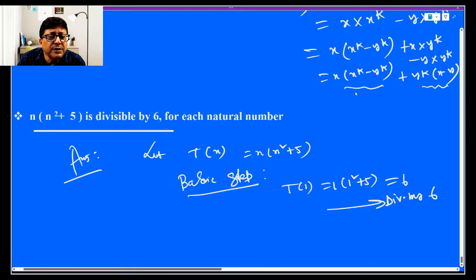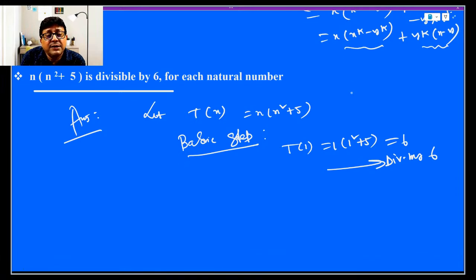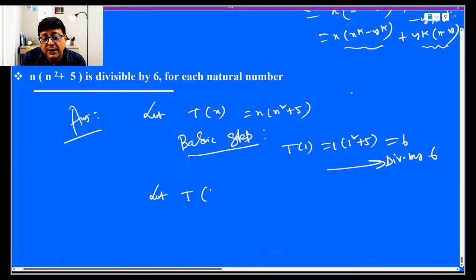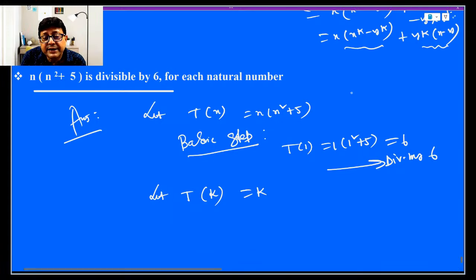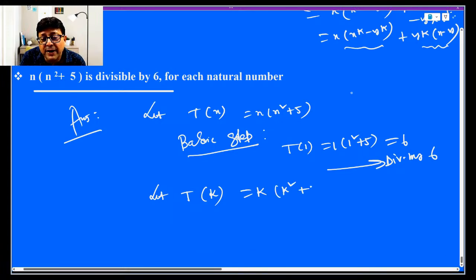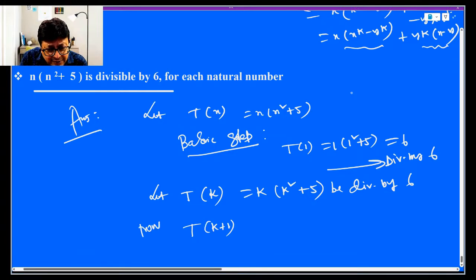Again you assume, let tk, k into k square plus 5, be divisible by, what? Let this thing be divisible by 6. For that we have to prove tk plus 1.